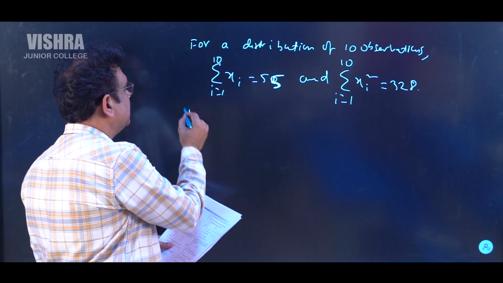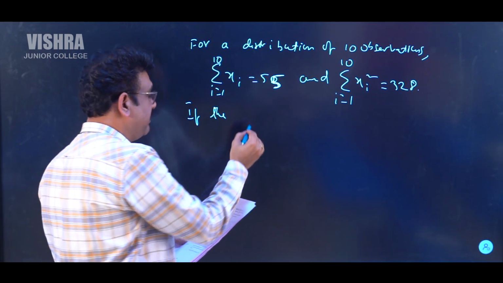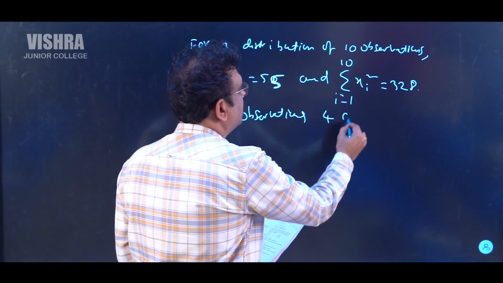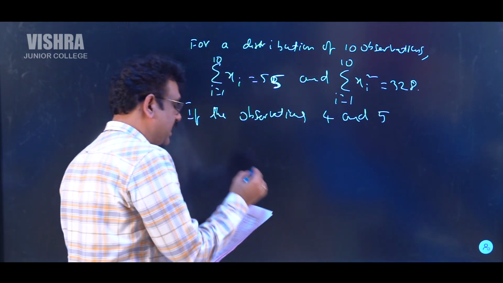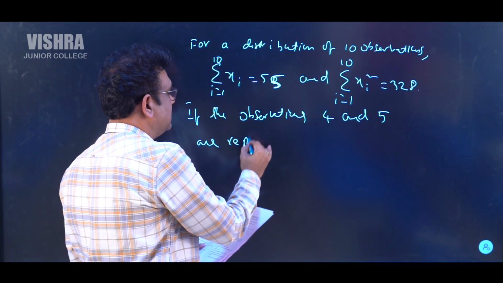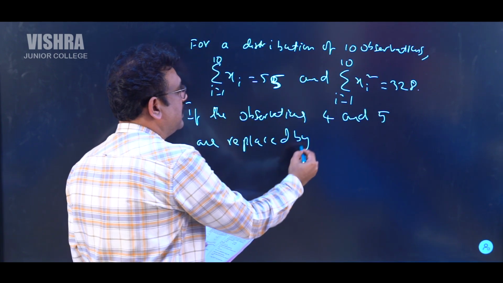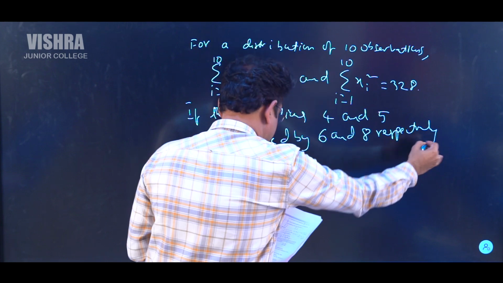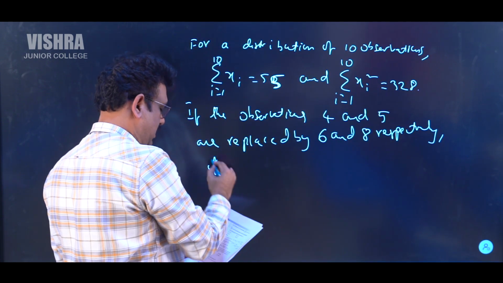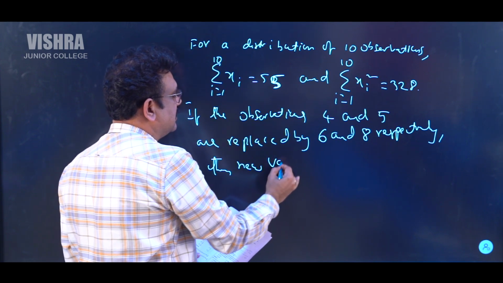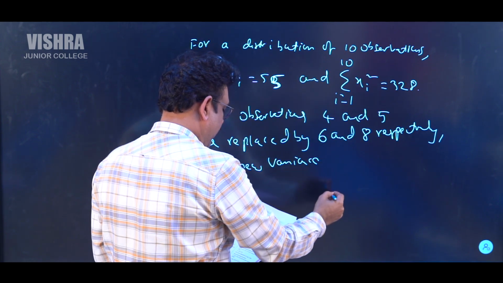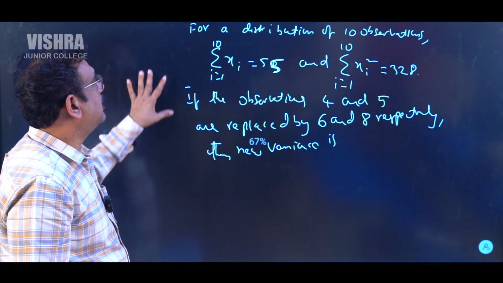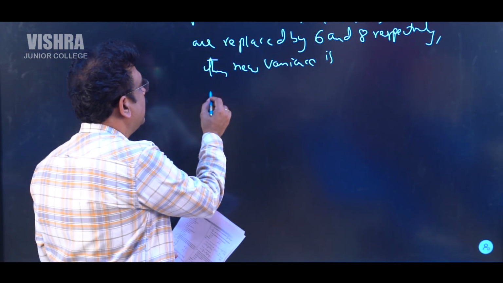If the observations 4 and 5 are replaced by 6 and 8 respectively, then find the new variance.